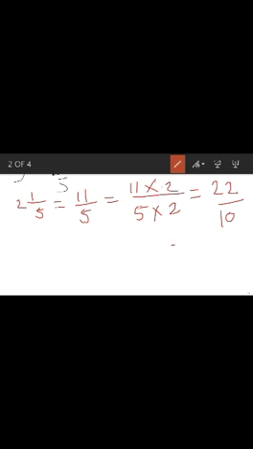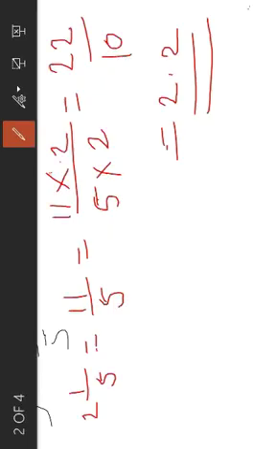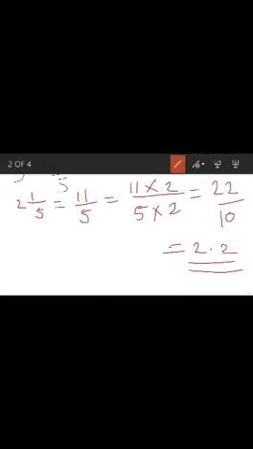Now we know that 22 upon 10 means 2.2. So the answer of the previous two methods is 2.2, and the answer here is also 2.2. These are the three methods by which we can easily convert rational numbers into decimal form. Understood?